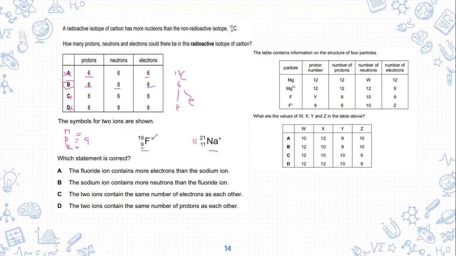The electrons: as minus means it has gained 1 electron, 9 plus 1 is going to be 10. So it is going to be 10 electrons for fluoride. Sodium has 11 protons, and it has lost 1 electron, so 11 minus 1, that is why it's going to be 10 now. Here 19 minus 9, we are going to get the number of neutrons, A minus Z. Remember, A minus Z is going to be 19 minus 9, so it's going to be 10.